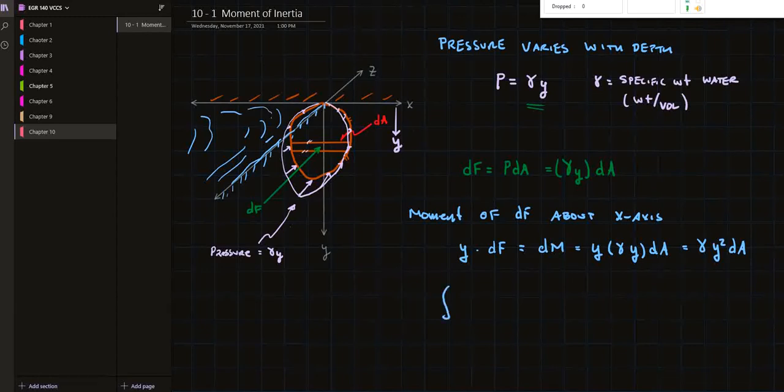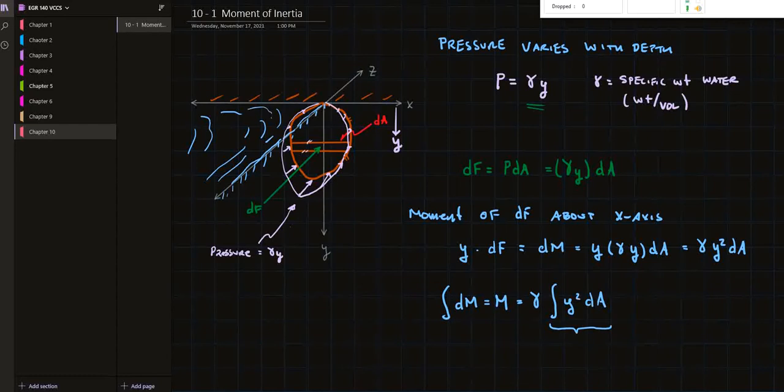If I integrate this differential moment, essentially I'm summing all the moments of all the differential areas on this piece here. I'll get the total moment, and we can pull gamma out and integrate the other side, y squared dA. We assume that gamma is a constant. There isn't a difference in salinity or anything in the water. It's all just homogeneous water.